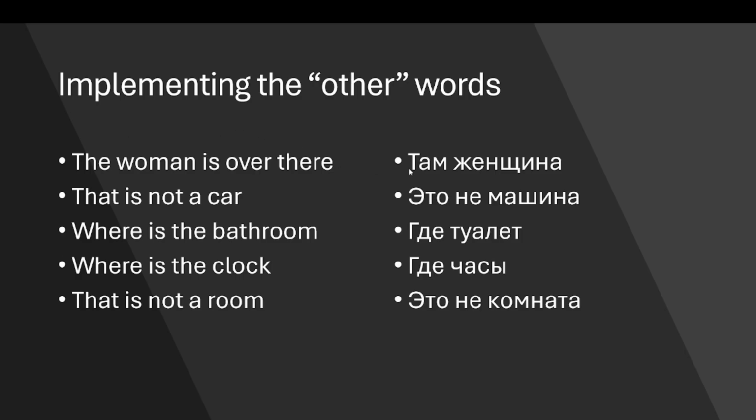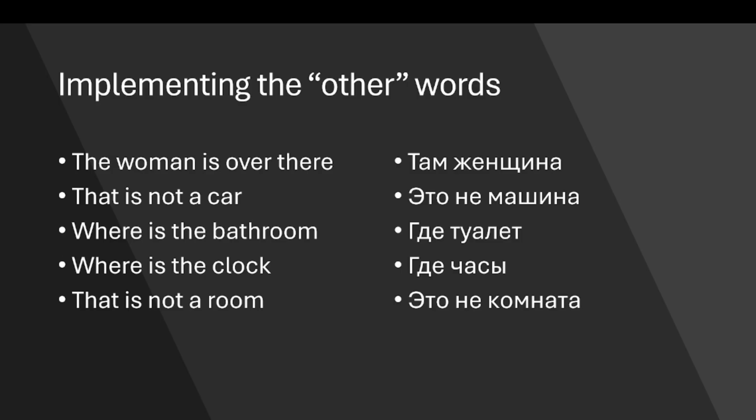So how does that look in Russian? Over there, woman. In fact, you could also say woman over there, and it means the same thing. There's just slightly different nuances. Там женщина. There's a woman over there. That's what that means. There is a woman over there, or the woman is over there.